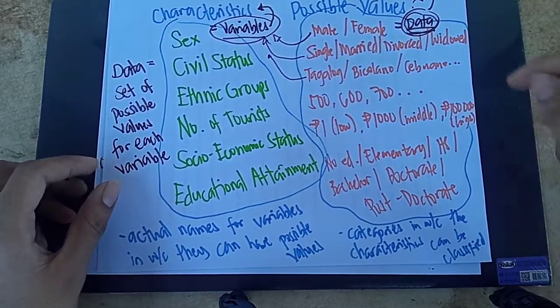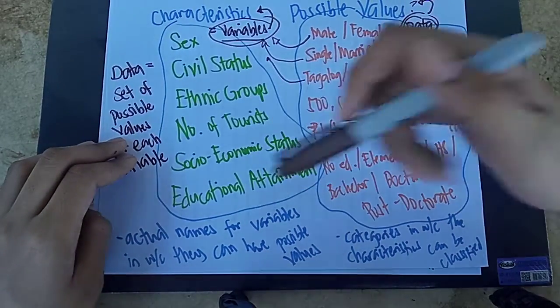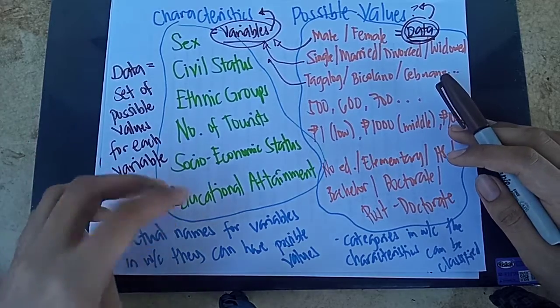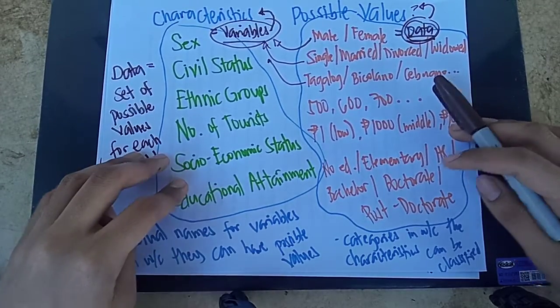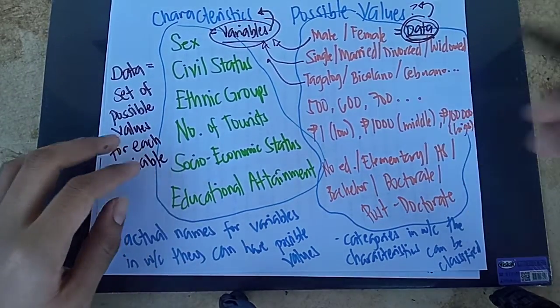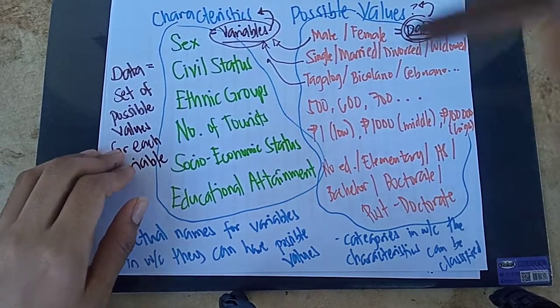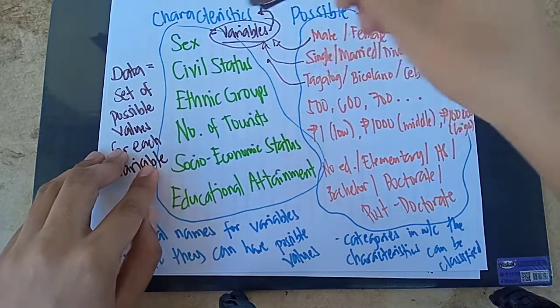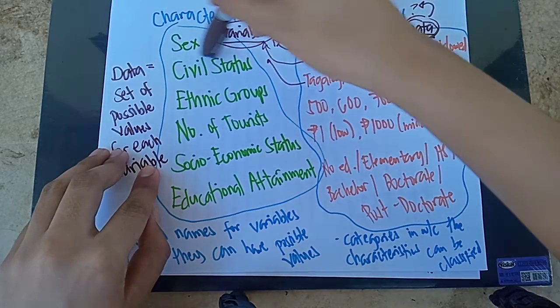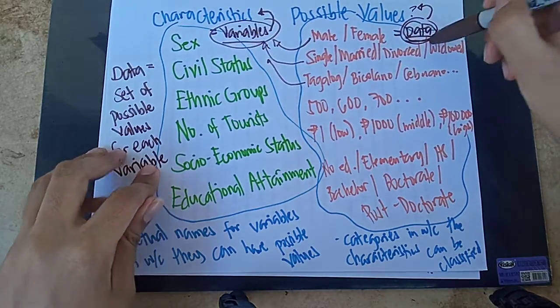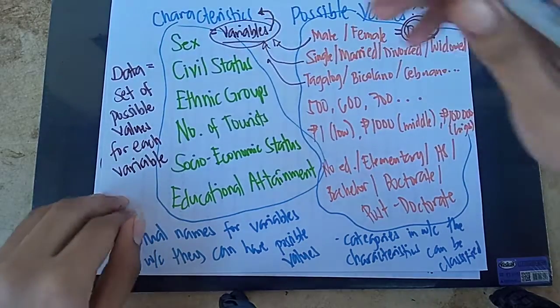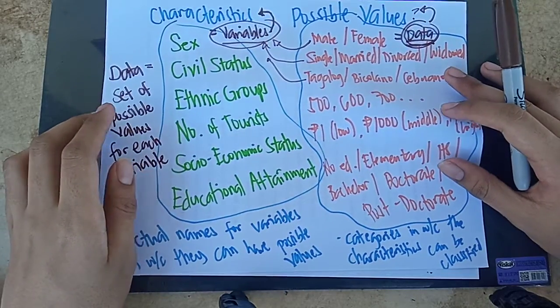Whenever we say characteristics, they are the actual names for variables in which they can have possible values, while the possible values are actually the categories in which the characteristics can be classified. So if the variables are the set of characteristics, then we can assume that data is the set of possible values for each variable.